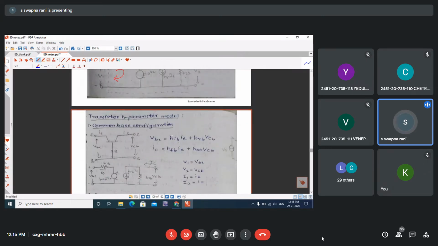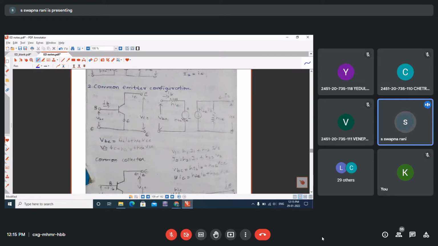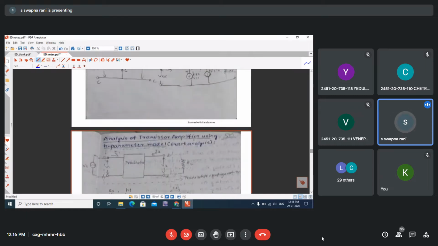Whenever we use the H parameter model for the transistor, we use a subscript: HIB, HRB, HFB, HOB. B represents common base, E represents common emitter, C represents common collector. The H parameters for all the three configurations are different.